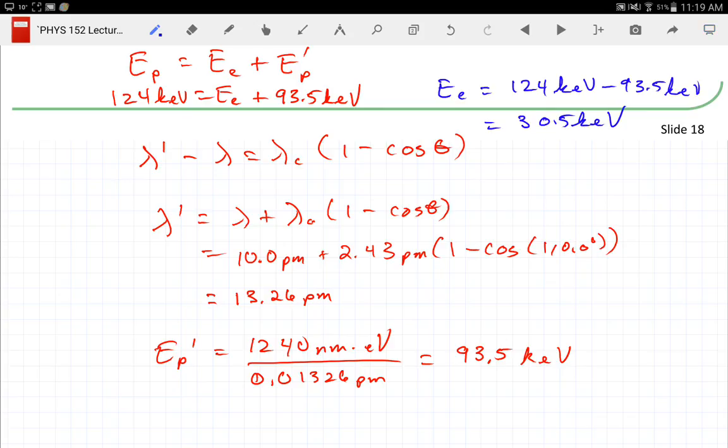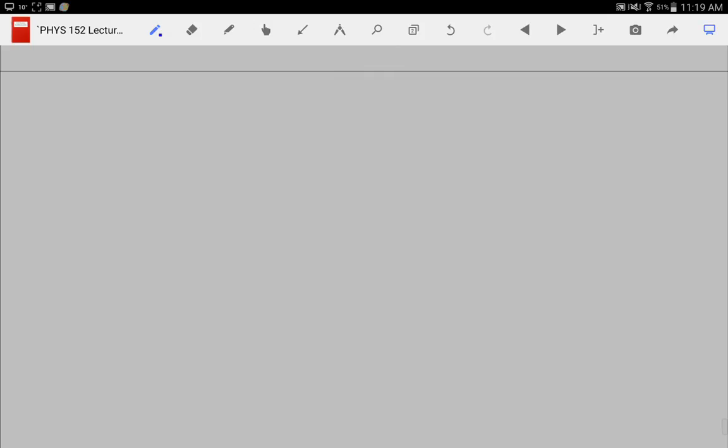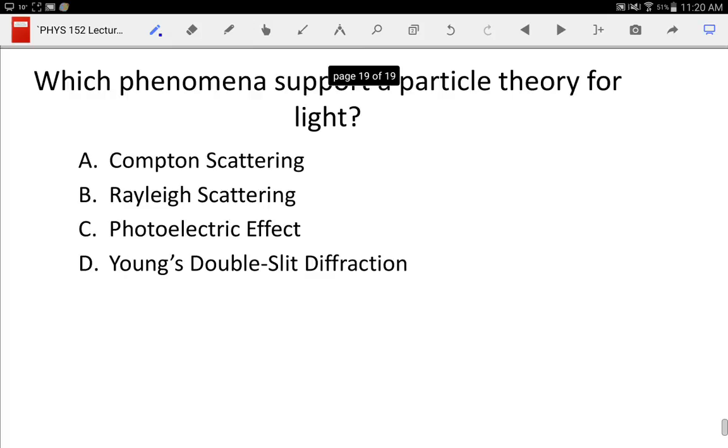Something in that ballpark, which means that the wavelength shift for scattering would be smaller by that factor, virtually impossible to measure. It has been measured a time or two, but it's really precise. So we usually just worry about it with electrons. The point is, it illustrates once again the particle nature of light.